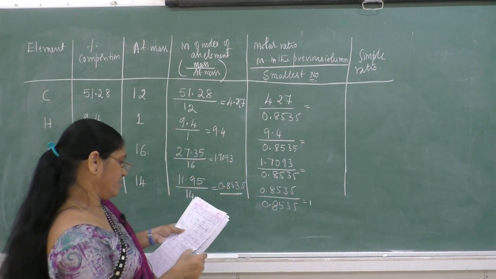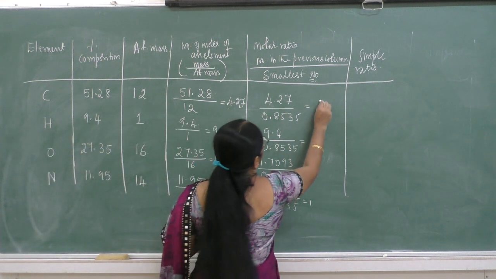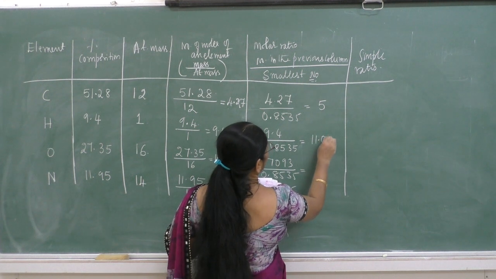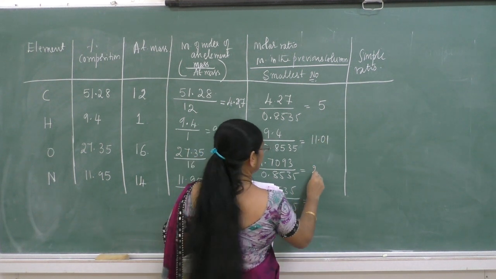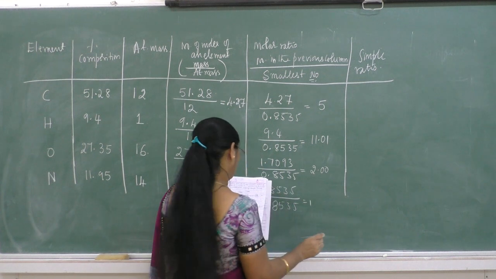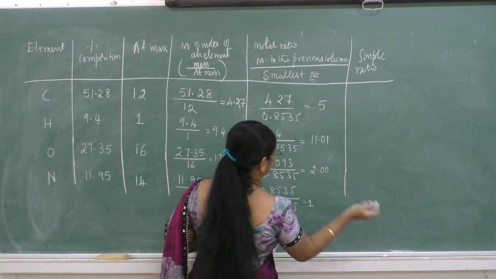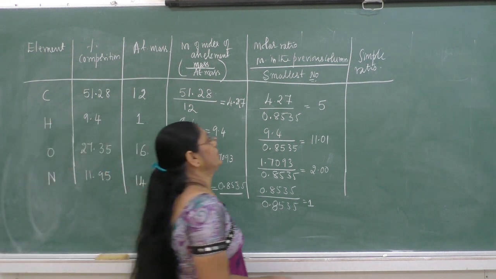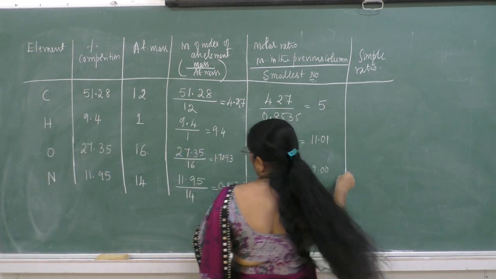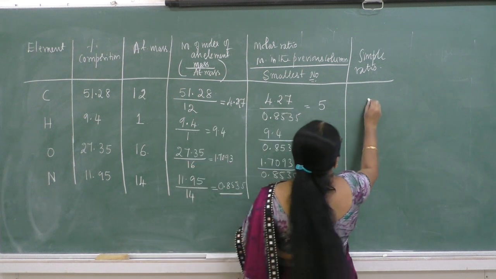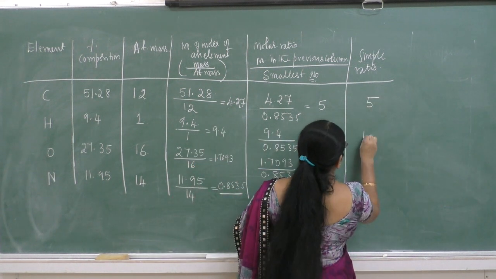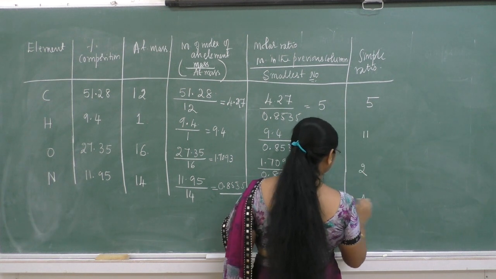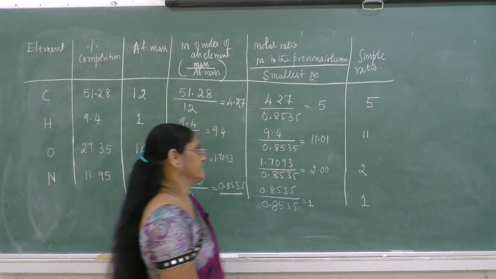So this is equal to 5, this is 11.01, this is 2, and this is 1. What are the simple ratios of the different atoms? That is 5, 11, 2, and 1.